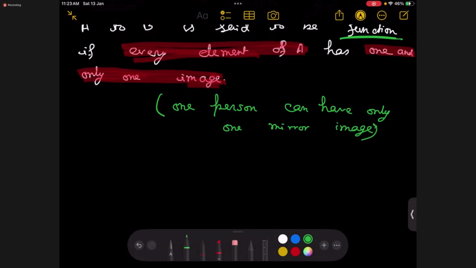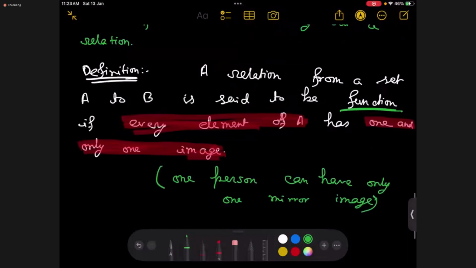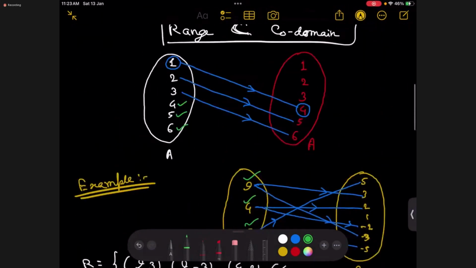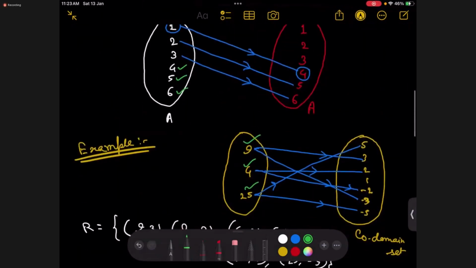It is not possible that a person has 2 or 3 types of image. Yes, in society one person may have 3 or 4 types of image, but in the mirror he has only one image. So in the case of a function, we must recall that every element of the set A, the domain set, must have one and only one image. By this definition, these two relations are not functions.